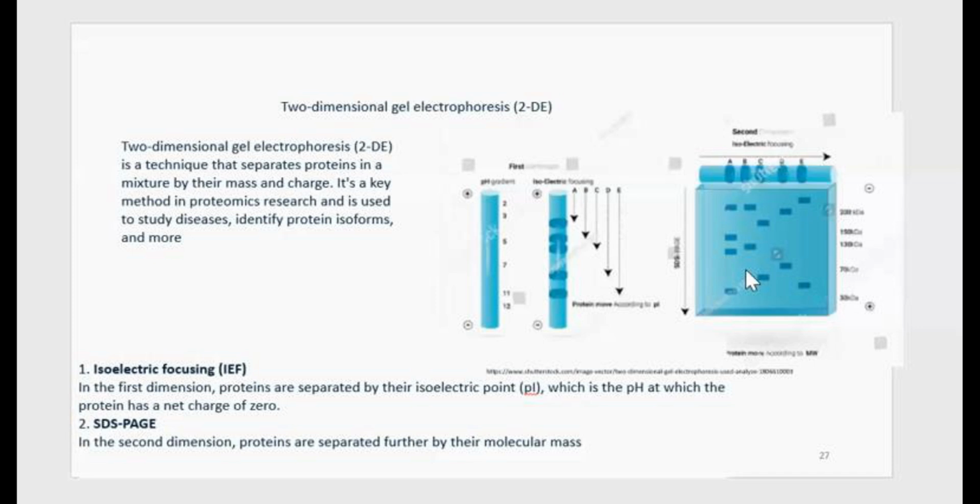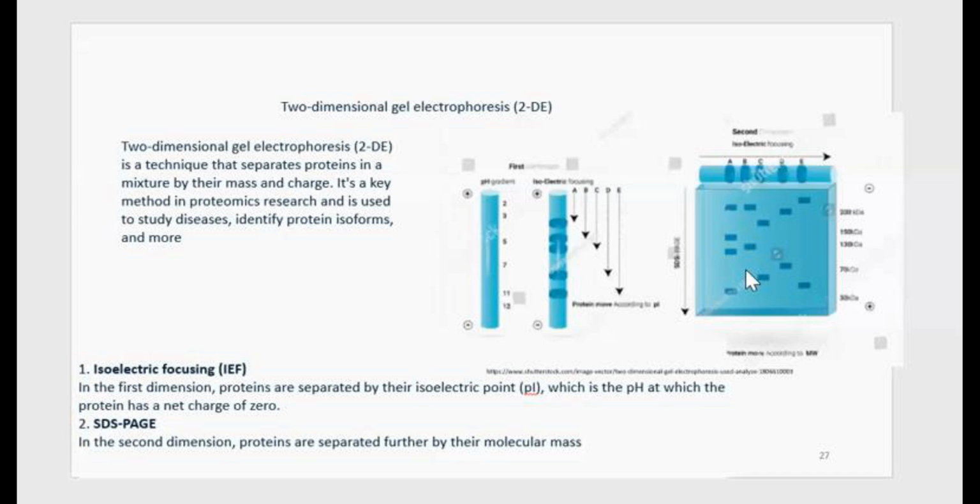Once the gel has set, the glass plates are removed, and the gel is stuck to one of the glass sheets of the two, right? Then the electrode wicks, which are generally 3 millimeter strips of filter paper, with phosphoric acid for the anode and sodium hydroxide for the cathode, can be used.